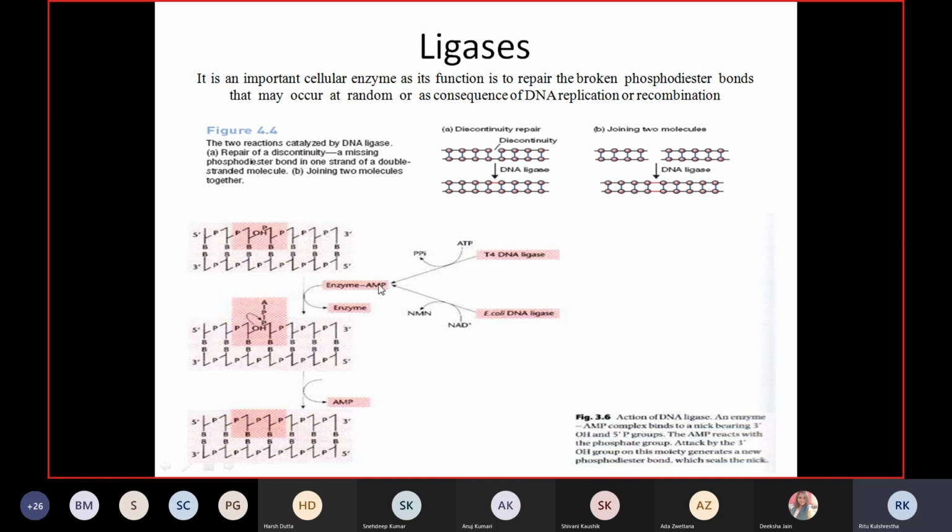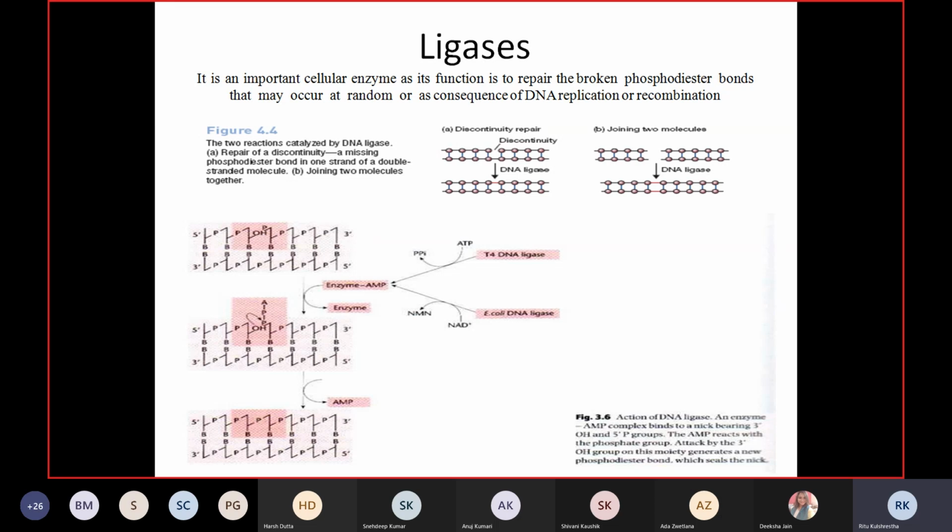The AMP reacts with the broken 5' phosphate group, and once it makes a complex with that, it is attacked by the 3' OH group, and finally we have the phosphodiester bond being made. It's written here, you can just go through it. This is how the T4 DNA or the E. coli DNA ligases work and make a phosphodiester bond.